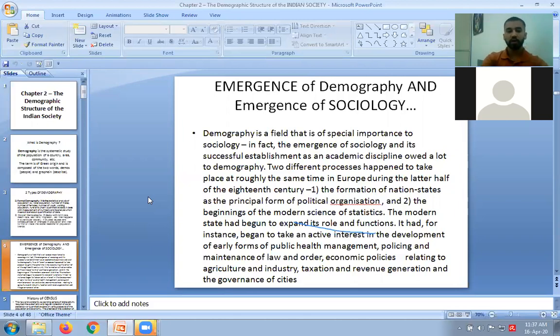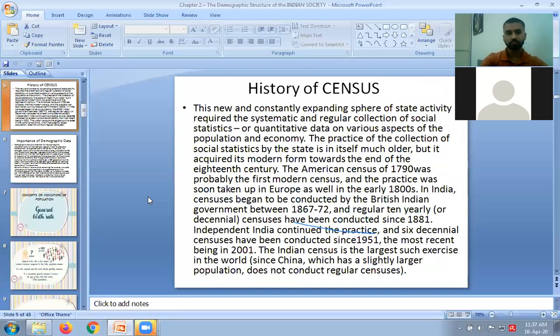And look, I've written the same thing: demography is the field that is of special importance to sociology. Remember that sociology gives a lot of credit to demography, because due to demography, there was the emergence of sociology. So now I'm sure you have understood the emergence of demography and the emergence of sociology as well.